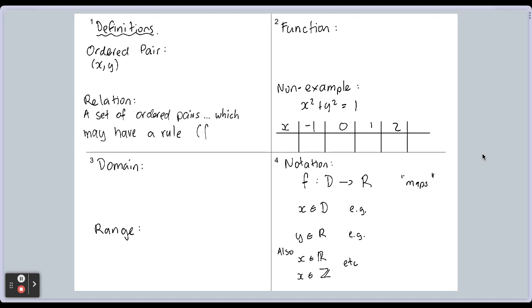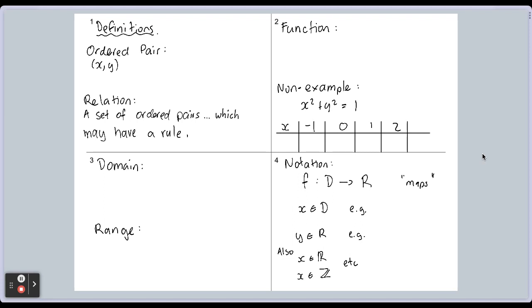That rule, and I saw there was a little bit of confusion last lesson actually, is what we would tend to call, no, you know what? Don't add the word function. I'll explain why later.